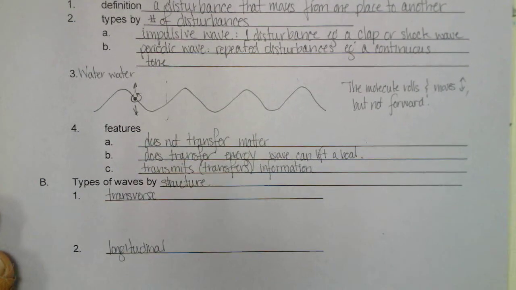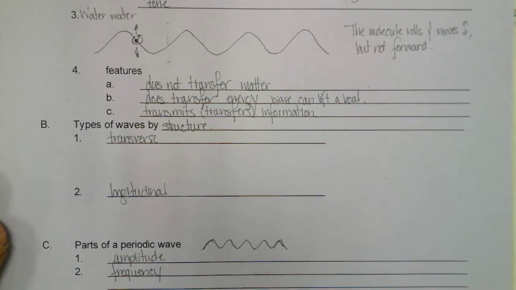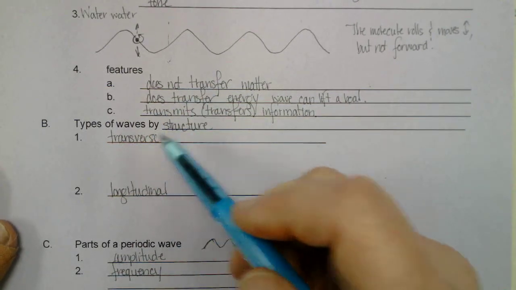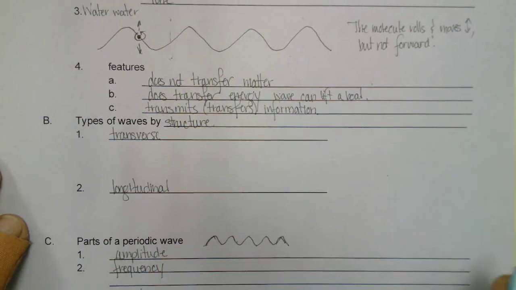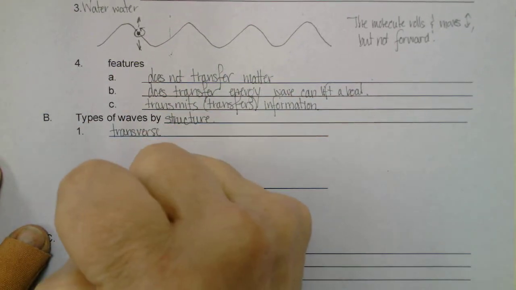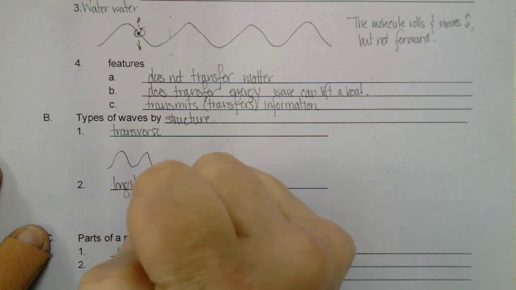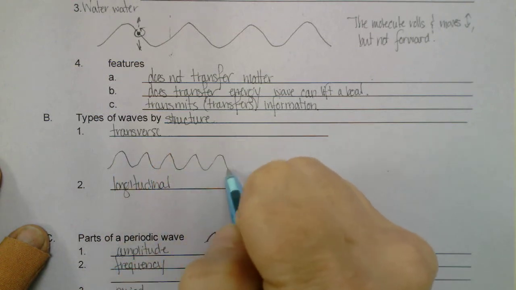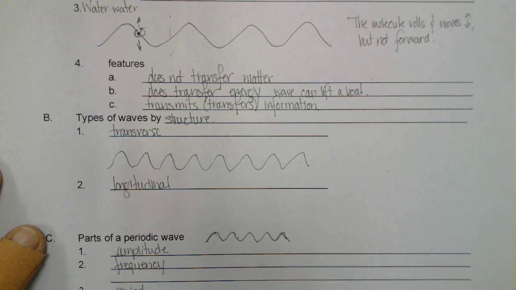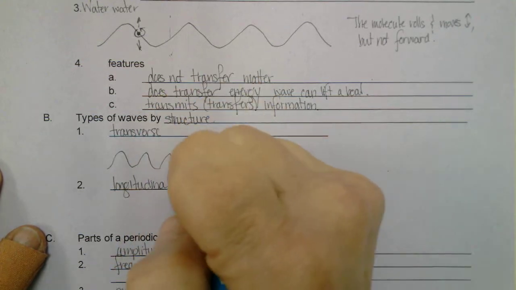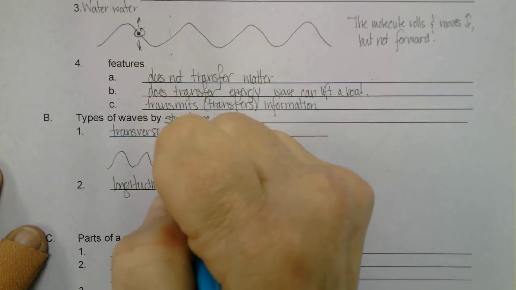By structure, if we define a wave by structure, there are two kinds of waves. The first is a transverse wave, which is what I drew up here. A transverse wave is going to look like this, and I can never get them to look even unless I do it a little bit faster. That was not pretty, sorry. That's a transverse wave. The vibration happens this way.